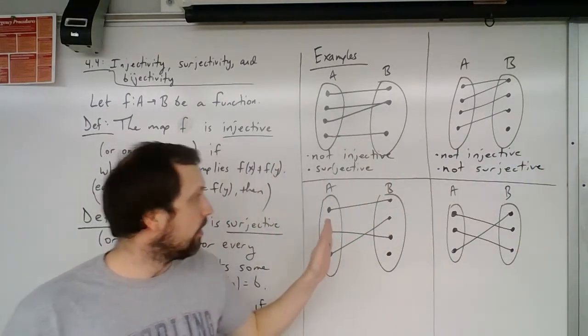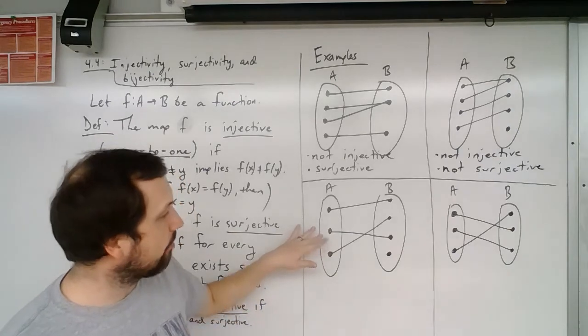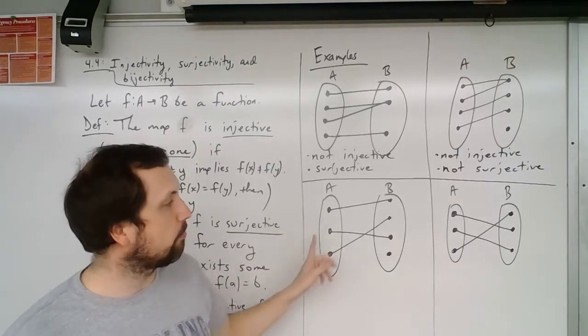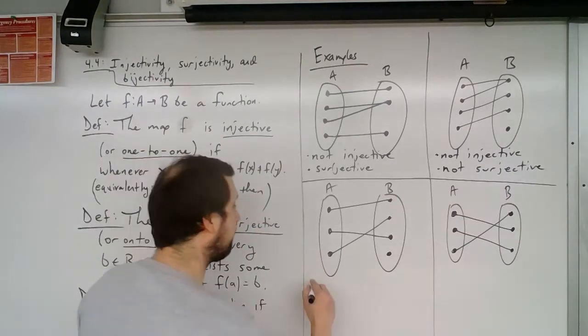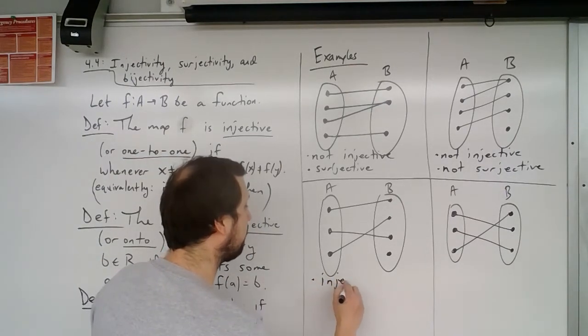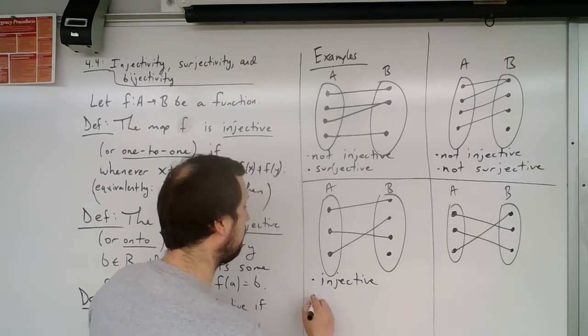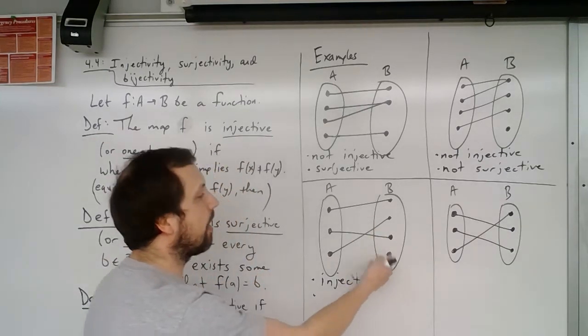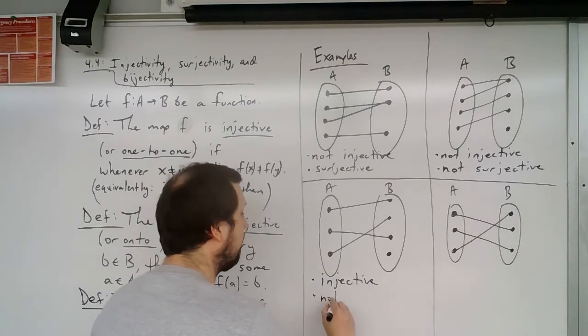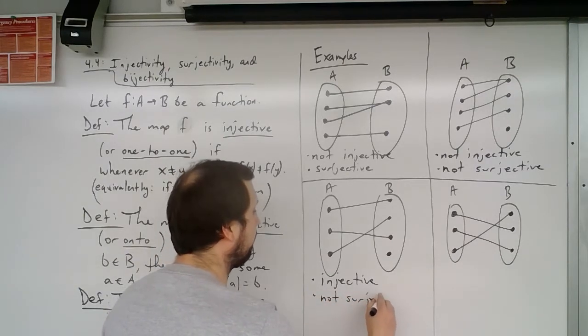Here, does every different element in the domain get mapped to a different thing in the codomain? Yes. So this is injective. Is this surjective? Well, no. Obviously, this element does not have a buddy mapping to it, so this is not surjective.